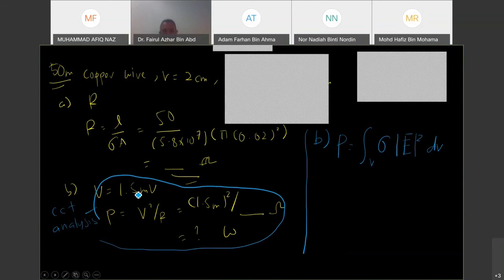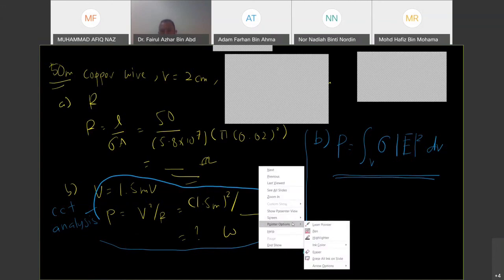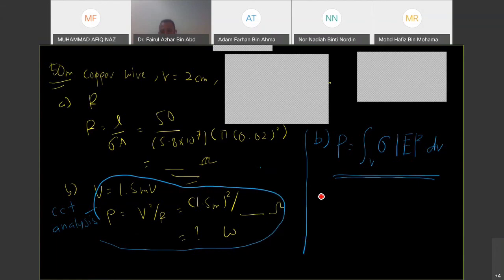Let's say we want to solve this exercise by using the field technique. We need to use this equation, but first we need to find what is the vector of E. We are given in this question V equal to 1.5 millivolt.